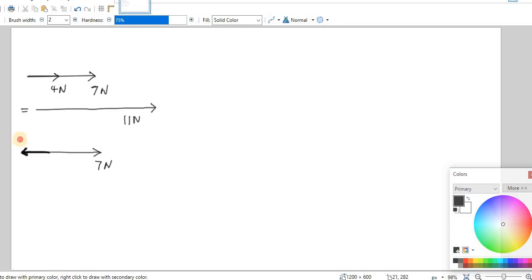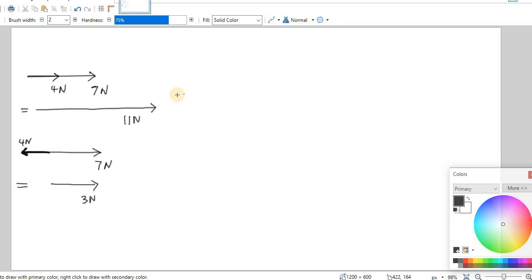Then you can see they're acting in opposite directions. So 7 minus 4 will give you the resultant force, which is 3 newtons. Now these are forces acting in one dimension, meaning they are acting on a straight line.